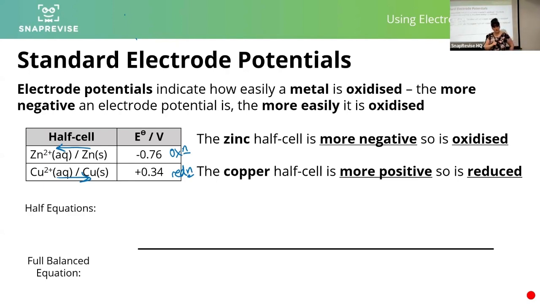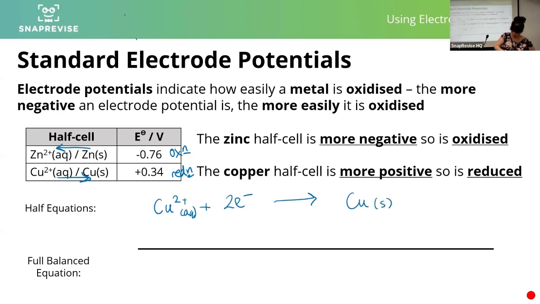What half equations would we write then? So I've kind of already gone through them, but let's just make sure we're happy. The half equations that show what is happening in a zinc and copper electrochemical cell are: copper is going to be reduced, so copper 2+ aqueous plus 2 electrons goes to make copper solid.